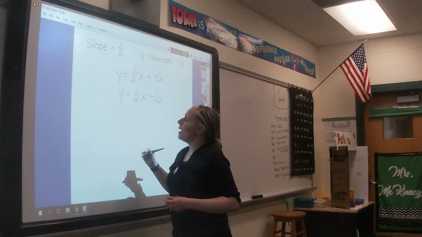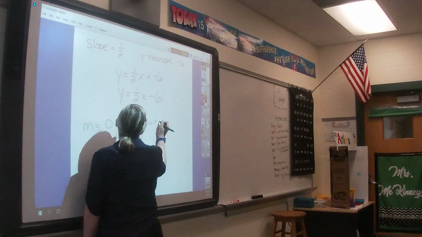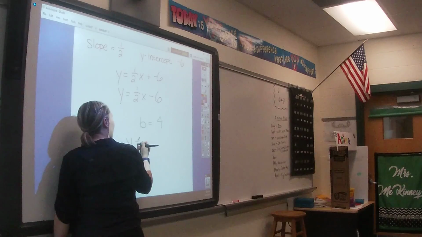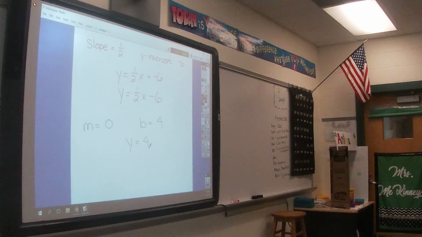What if I said m equals 0 and b equals 4? What do we think about this one? Where'd your 0 go, Ellie? Class, does anyone know, wording wise, why is that 0 gone?